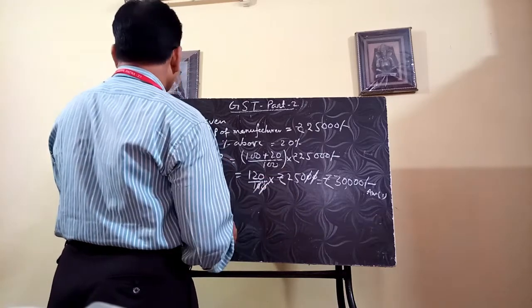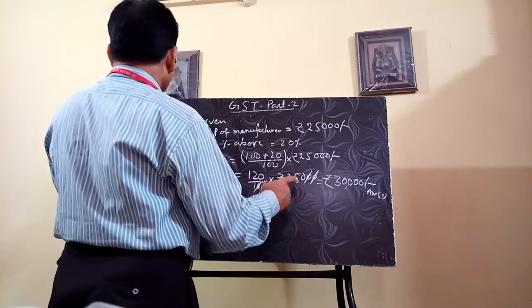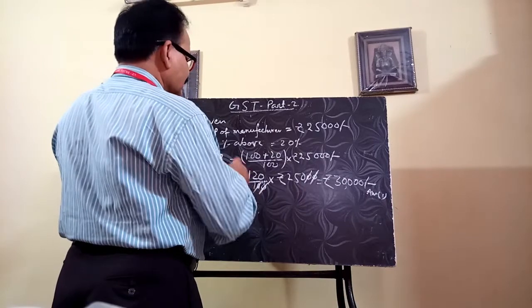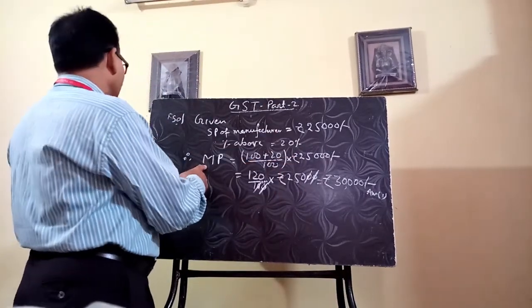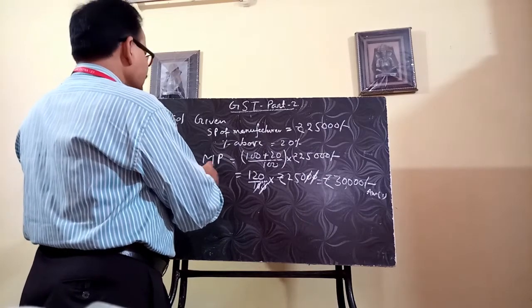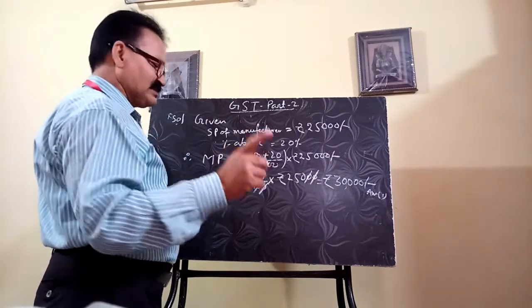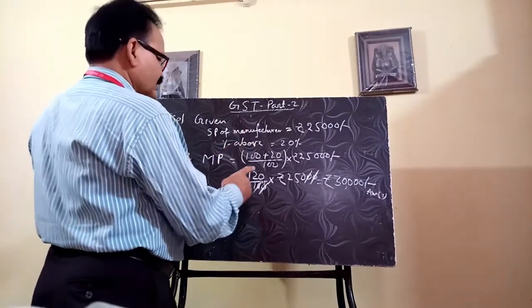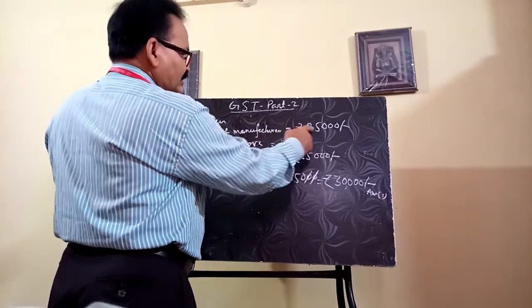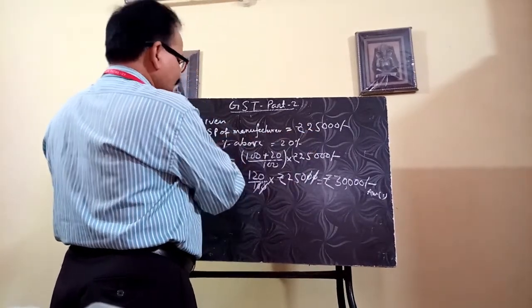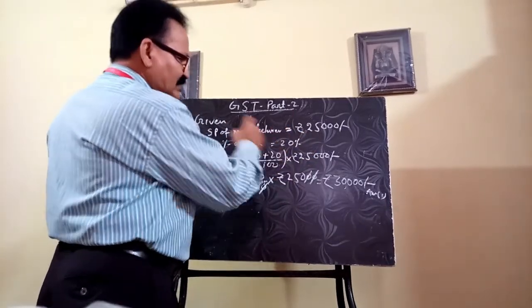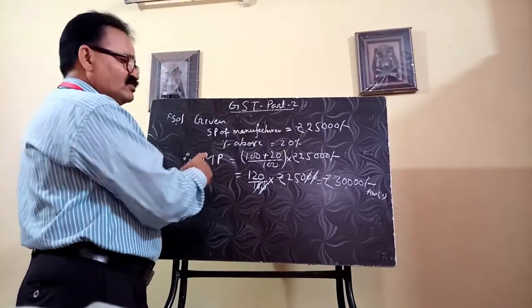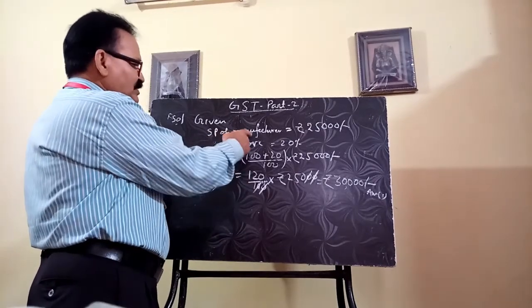Now the next part of this question: this MP is decided by the wholesaler, because this is the MP for the wholesaler. The SP of the manufacturer is 25,000, and the price was raised by 20% by the wholesaler who purchased from the manufacturer.